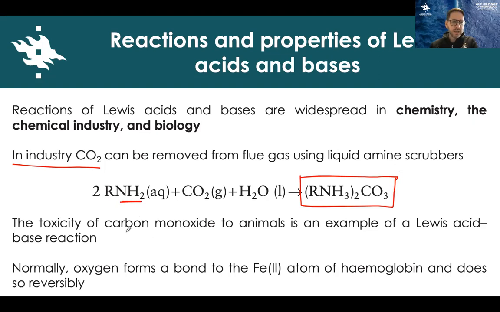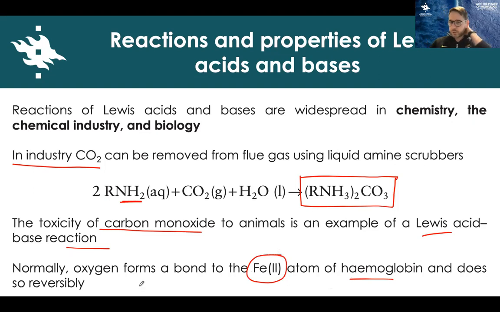Another important example is the toxicity of carbon monoxide in animals. This is also an example of acid-base interaction, because in animals, and in us as well, hemoglobin is responsible for transporting oxygen in our bloodstream, and hemoglobin contains an iron(II) center.